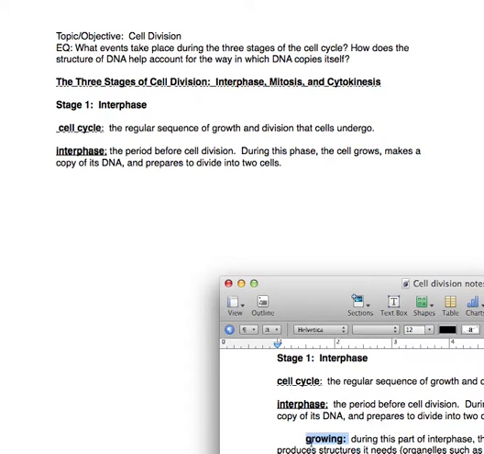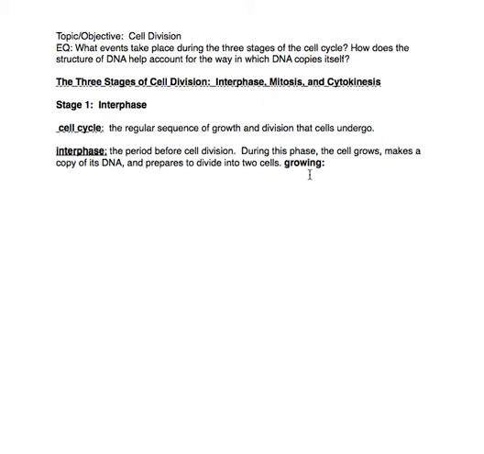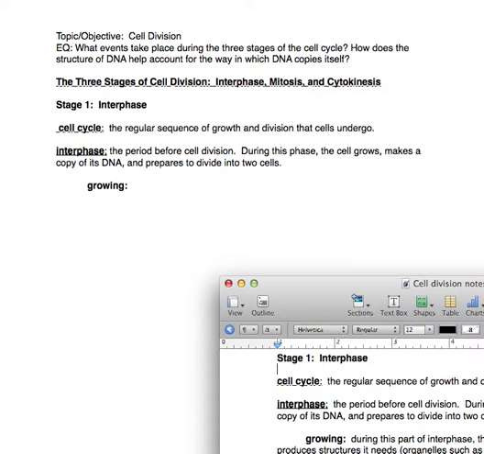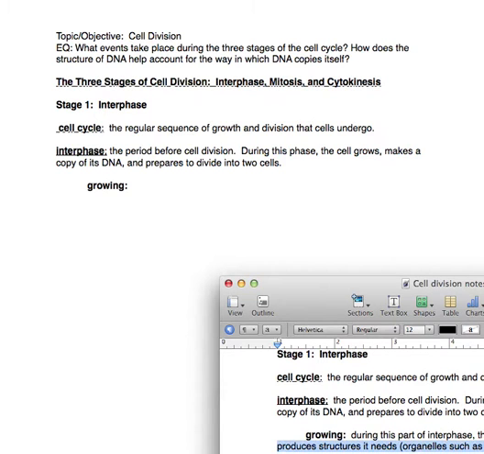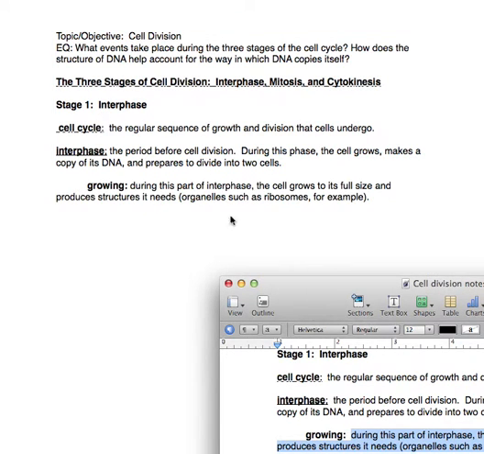The first part is growing. When the cell is growing, the cell grows to its full size and produces structures it needs, organelles such as ribosomes, for example.